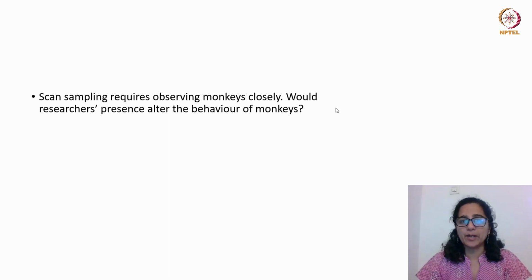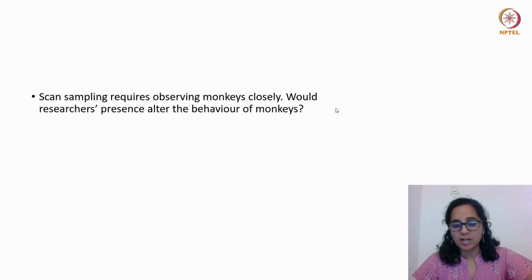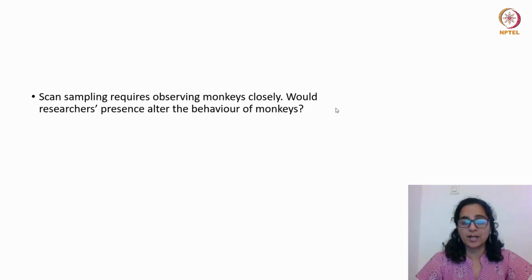This is an important point because, suppose we are jumping up and down. We are very happy seeing a monkey, and we are making noise, messaging to each other, talking to our neighbors, and then seeing the monkey, and also recording data. That doesn't work, right?